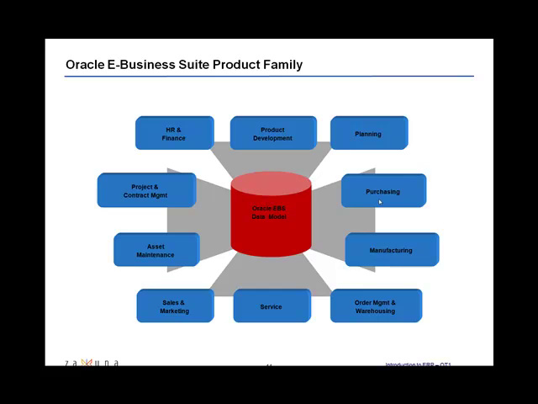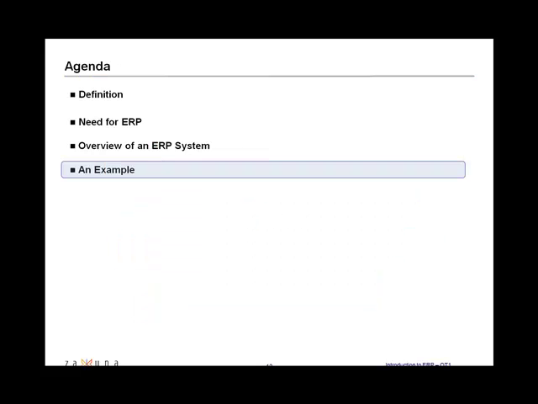Purchasing has a set of modules related to purchasing, primarily a purchasing module, iProcurement, iSupplier, and so forth. So this is just a flavor of an ERP, and similarly SAP would have its own set of modules, and Microsoft has Navision, which has its own set of modules. Now let's look at an example in our next video.